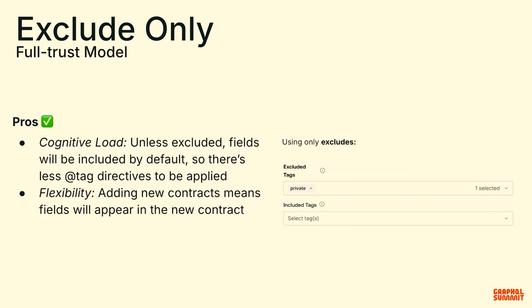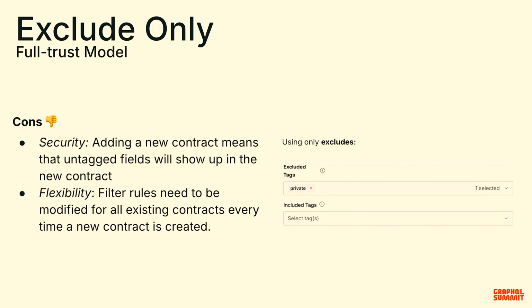Another upside of this full trust model is that when we create new contract schemas, all existing fields that aren't tagged will appear in the new contract by default. And what we found is that this can sometimes be good, right?